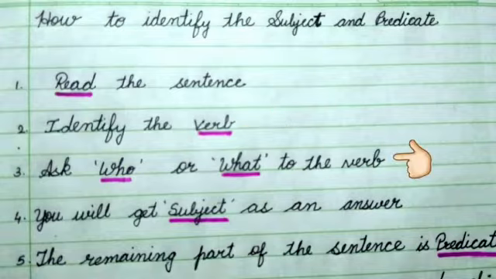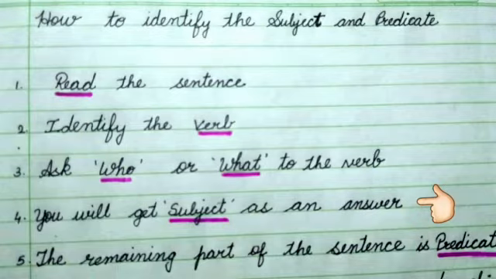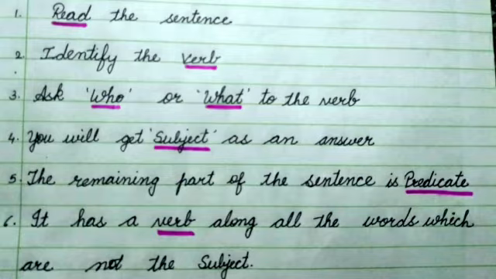Ask who or what to the verb. You will get the subject as the answer of who or what. Then, in this way you will get the subject. Now, the remaining part of the sentence is the predicate. That predicate has a verb along with the rest of the words which are not the subject.